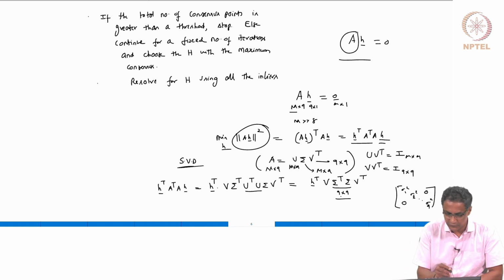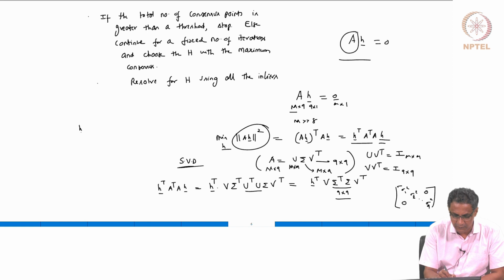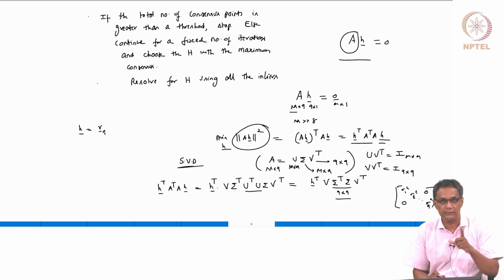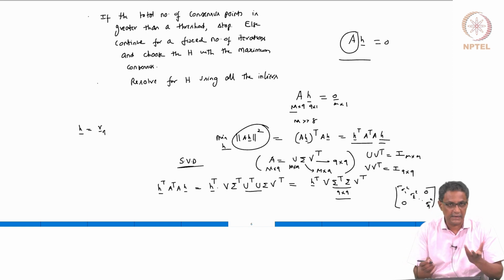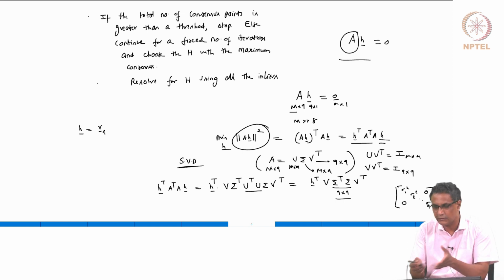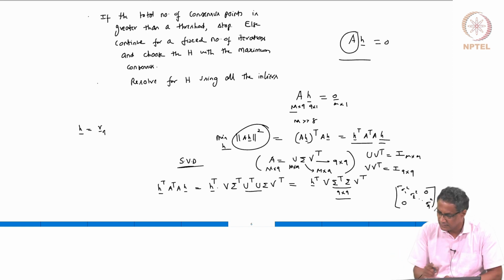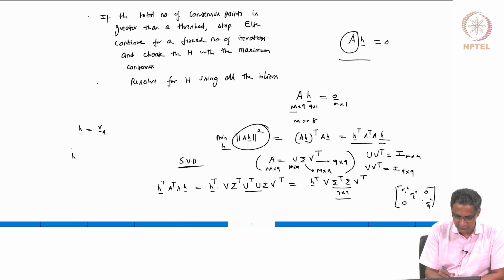Then what do you do? For example, if you take H to be V9, the last column of V, you can show that that is what will minimize this norm. Then you have H transpose, which becomes V9 transpose, then V, then a diagonal matrix, then V transpose, multiplying V9.